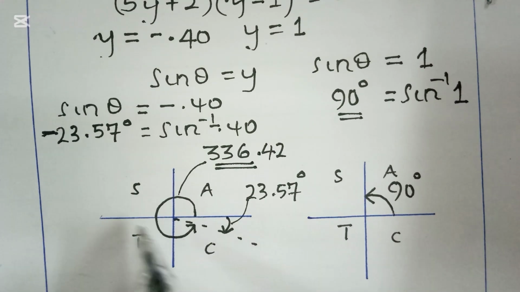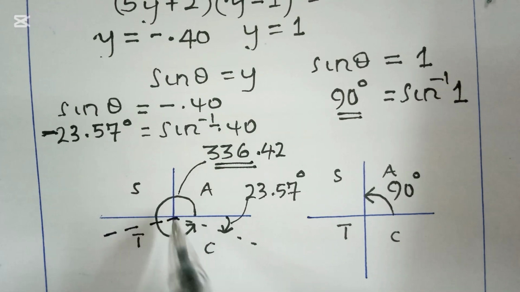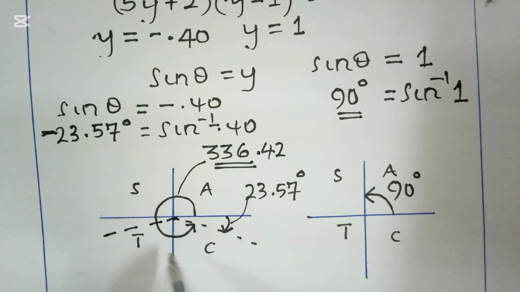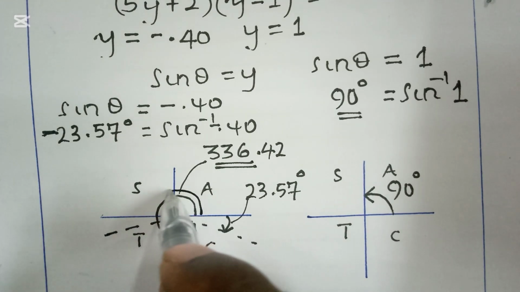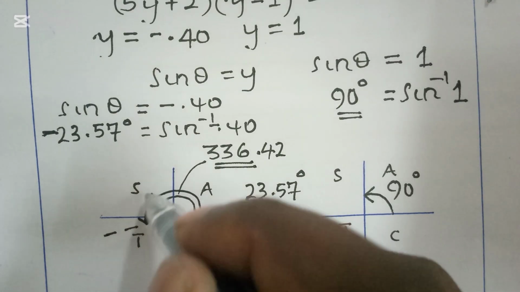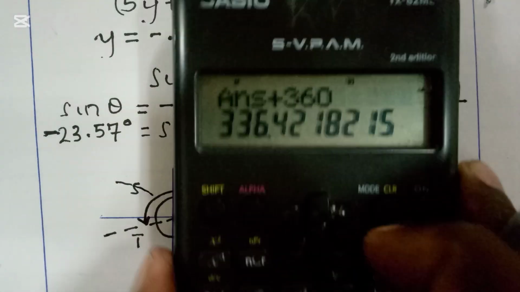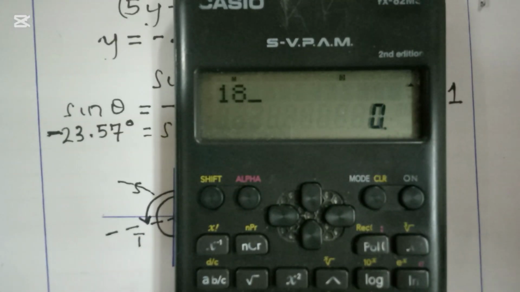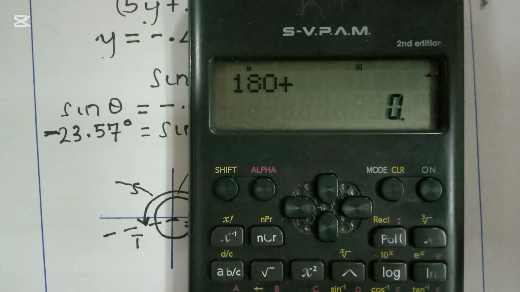So we are going to have another one right there, which is going to be 180 plus 23.57.